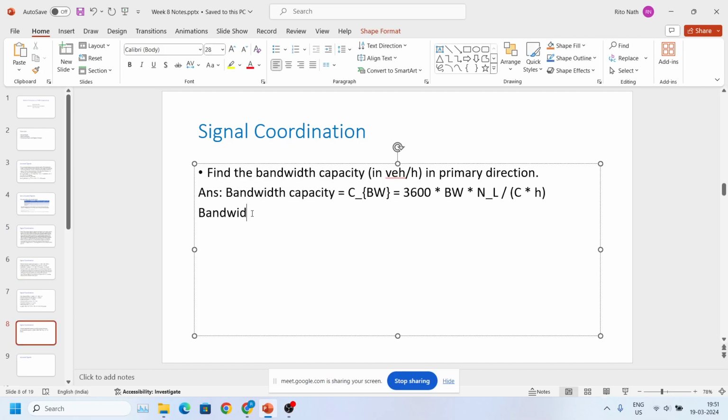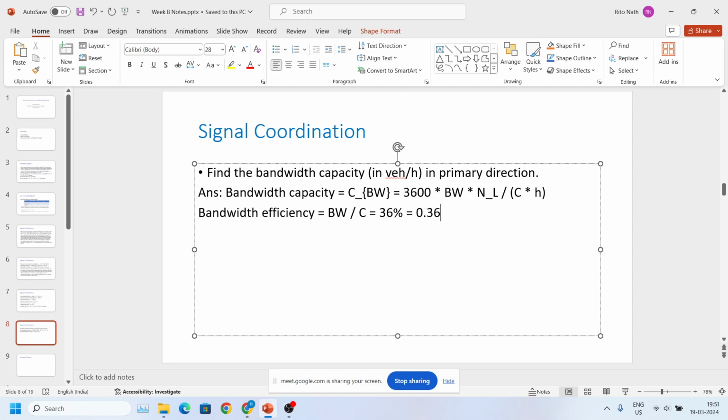So bandwidth efficiency is nothing but BW divided by C. This is 36%, that means it's 0.36.